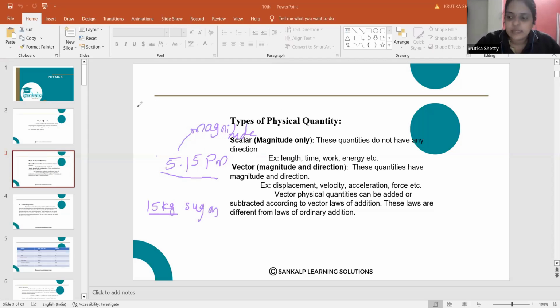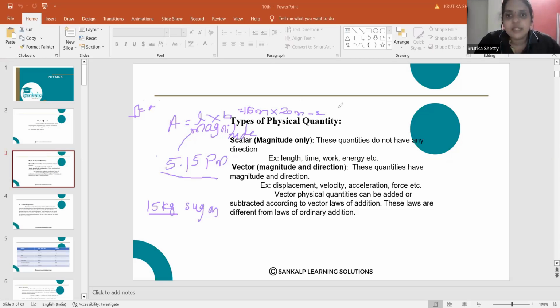Or next example we will take. That is, you want to say the area of a given room. Suppose you are sitting in one room, how do you calculate the area? If you want to calculate the area of this room, you need to express it as what? Length into breadth, right? For example, length is 15 meter, into the breadth, suppose it is 20 meter, so 15 into 20, we just multiply and write whatever answer we are getting.